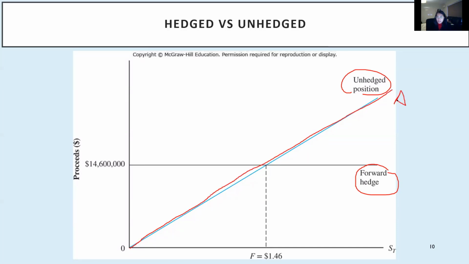For an account receivable, okay? So here, if I'm going to receive the foreign currency in the future, my USD receipts would increase when the exchange rate increases, okay? So this is the USD over pound exchange rate.